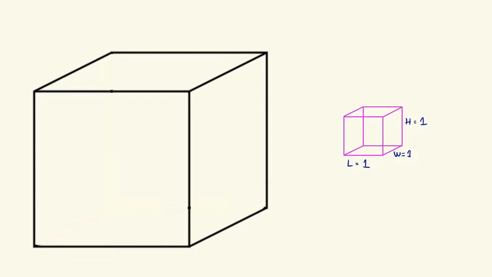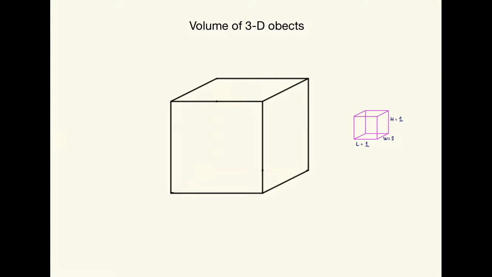All right, let's go ahead and try and figure out how many of these cubed units fit into our object. I'm just going to paste them in and see how many we can get in. So there's 1. And I'm going to work my way across. There's 2. There's 3.